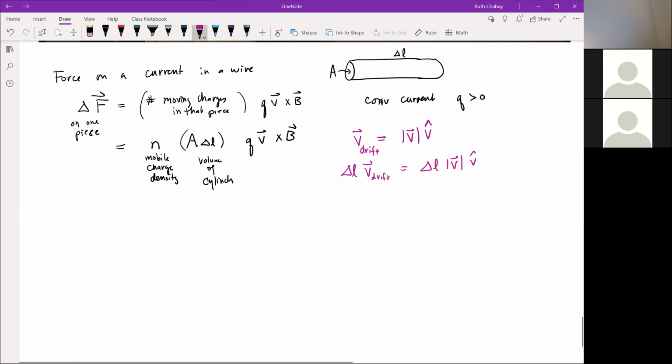And we're going to regroup so that we combine the length of the wire and the direction of motion into one thing, which we're going to call delta L vector.